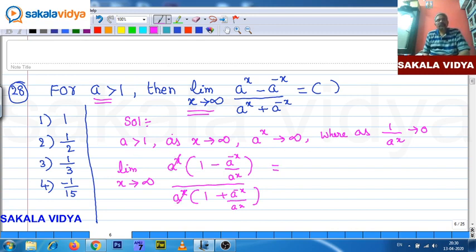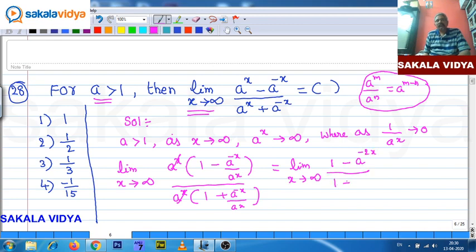Now this can be written as limit x extends to infinity, 1 minus a power m by a power n, formula we have a power m by a power n is equal to a power m minus n. We can use this formula. This is equal to (1 minus a power minus 2x) by (1 plus a power minus 2x).